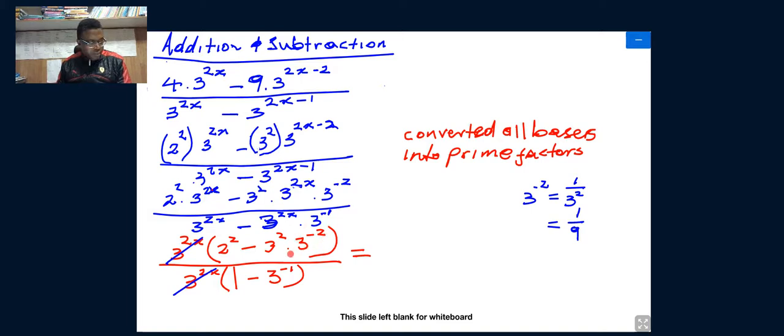You see? That is what is going to happen. Alright. And this one, you are going to subtract. It's going to be 1 subtract 1/3, a third. And then you are going to end up with an answer of 9/2. That's the answer.